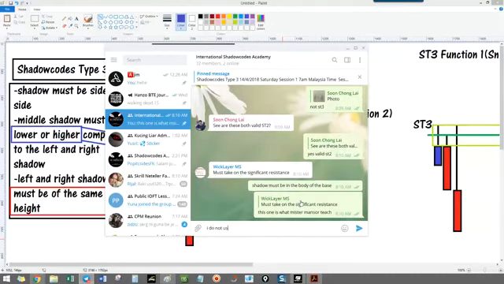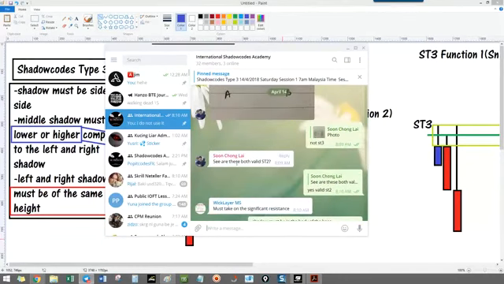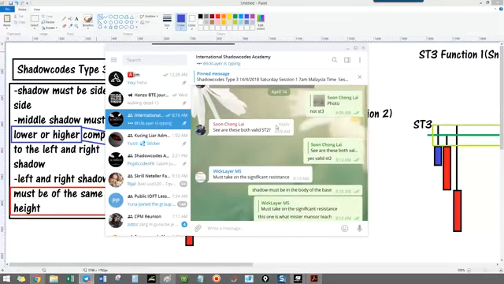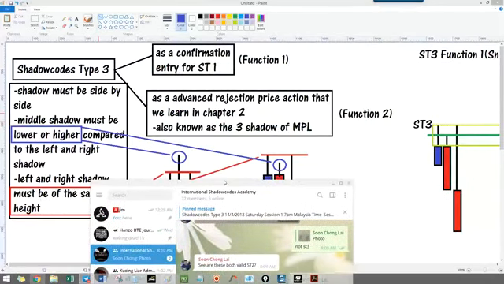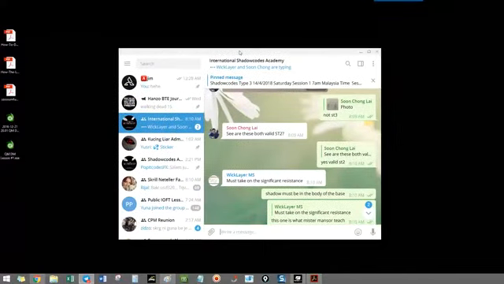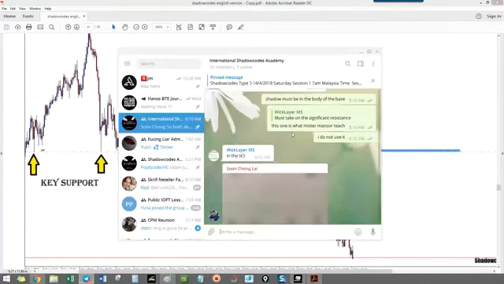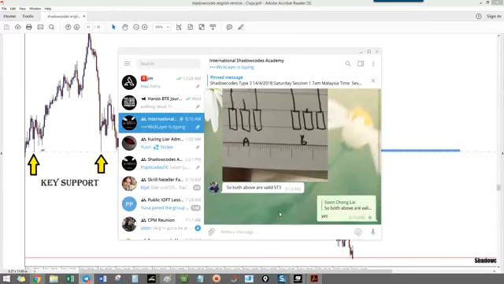I do not use it, no significant resistance in my class, because we already have the shadow pattern. During Mr. Mansour's day, they did not have this. The shadow codes did not have that. This is actually the finding from a few of my seniors. So both above are a valid ST3.